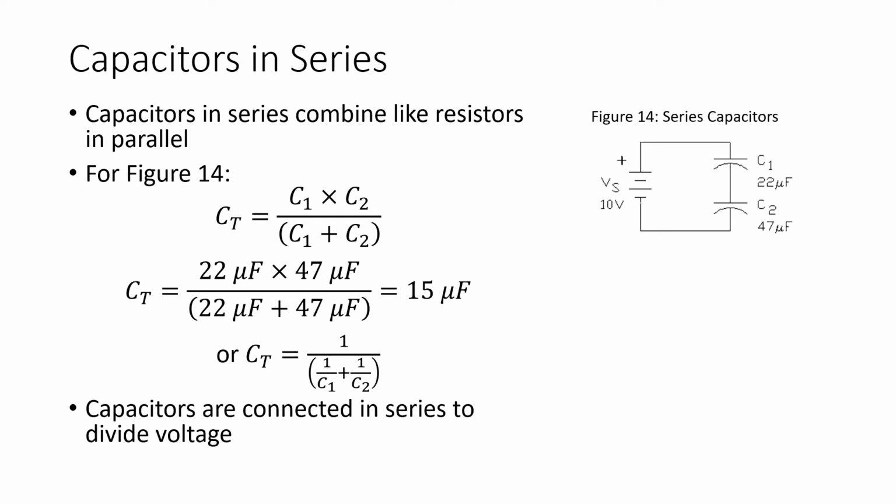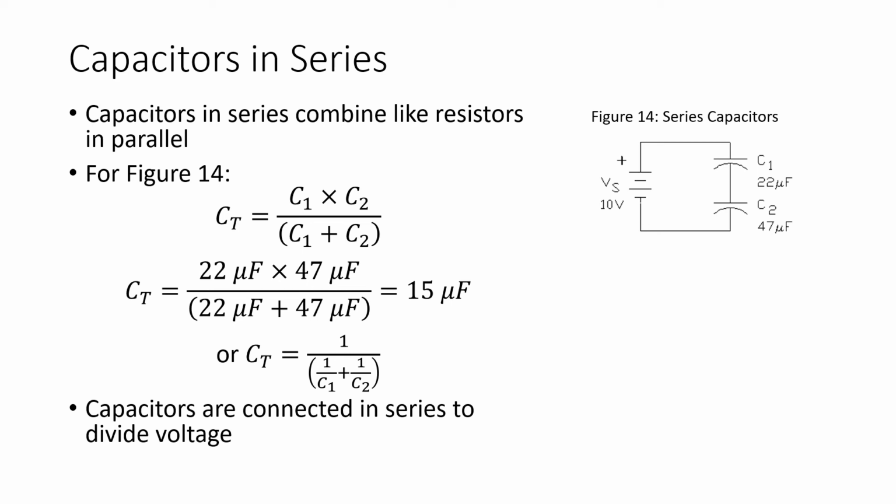We find the total capacitance of these two series capacitors using either the product over sum formula or the reciprocal formula. So for figure 14, I can calculate the total capacitance by using the product over sum, C1 times C2 over C1 plus C2. So the total capacitance of this circuit is 15 microfarads.